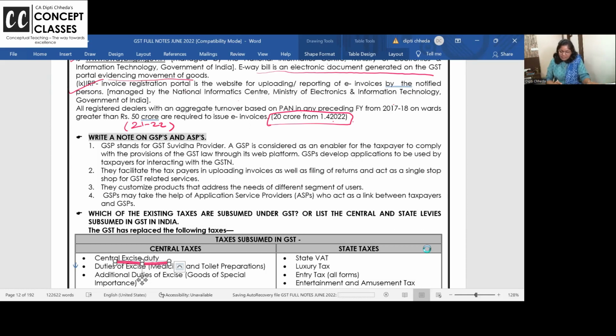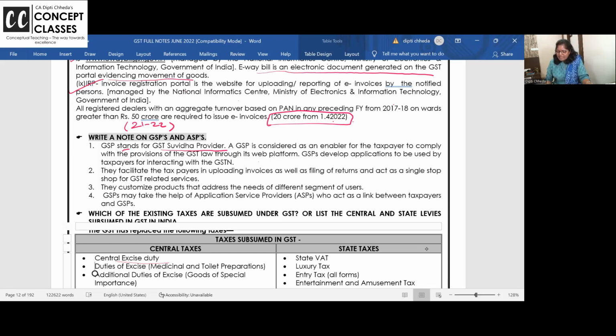Same way, we have GST Suvidha Providers. A Hindi name they have used. GSP stands for G for GST, S for Suvidha, P for Providers. A GSP is considered an enabler for taxpayers to comply with the provisions of the GST through its web platform.